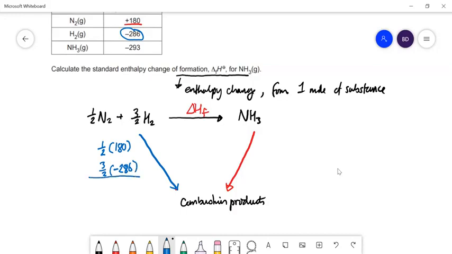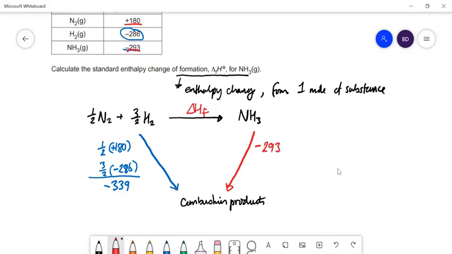Let's add that up on the calculator. We get minus 339. Be careful there because you've got a plus in one and a minus in the other. And when we combust ammonia, that they tell us is minus 293, in red. We've just got 1 mole of that, so it's minus 293.